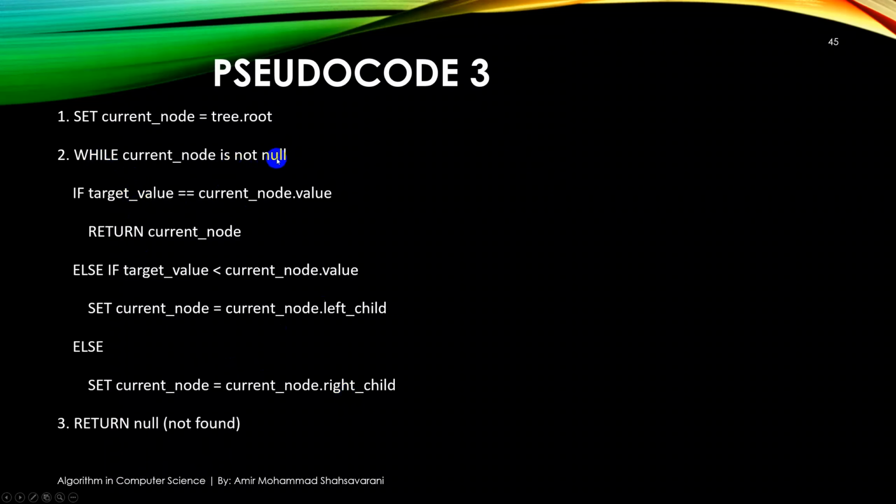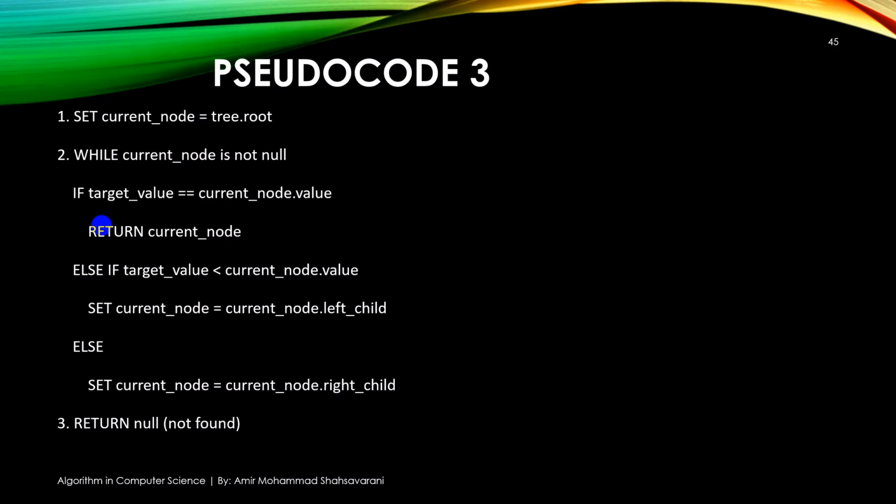While it's not null, we are just coming downwards. First checking whether the current value is our target value. Okay, this is okay. If not, left, right, again. This is the while loop. I mean that we recursively run this second step. This step is called our process.